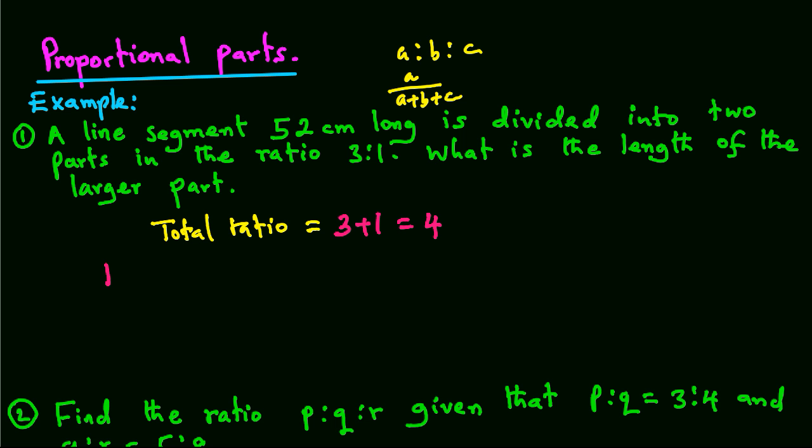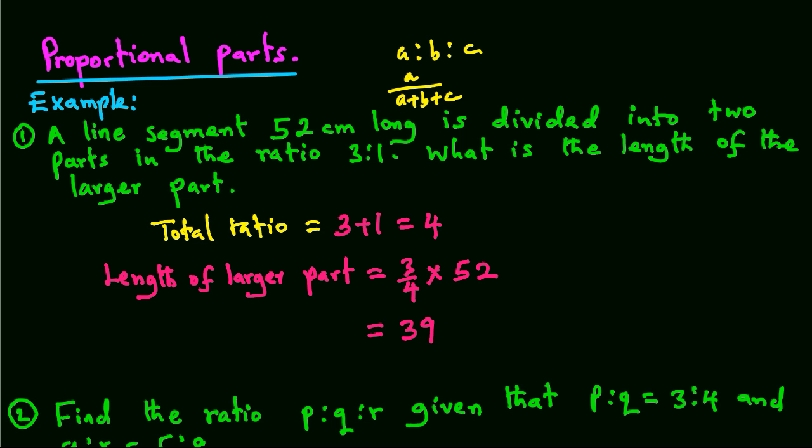So therefore length of the larger part is represented by ratio 3, so that would be 3/4 times 52. And this gives us 39 centimeters.